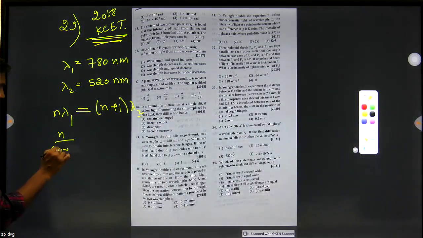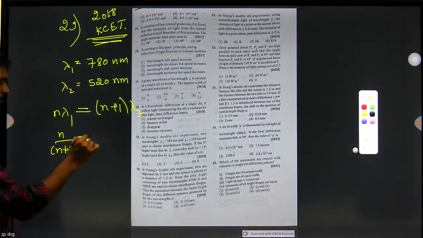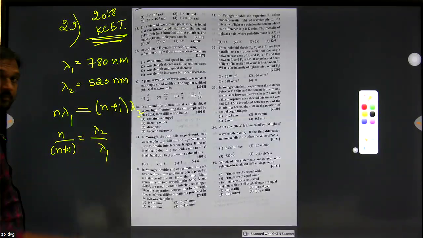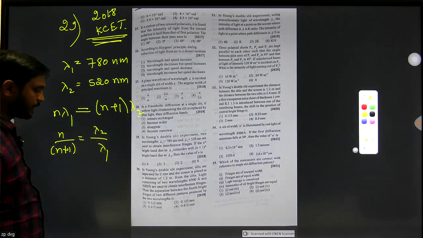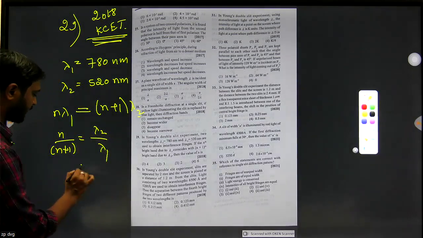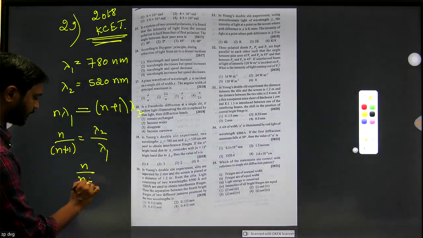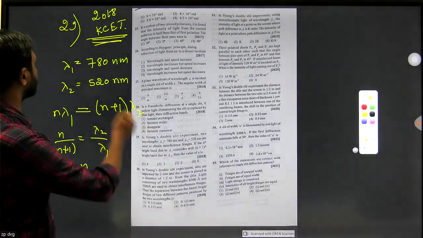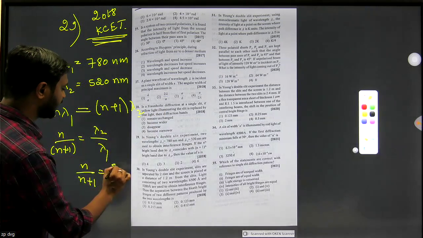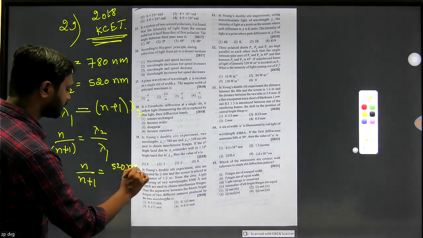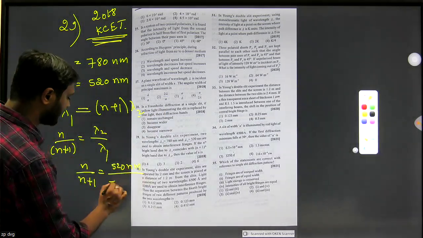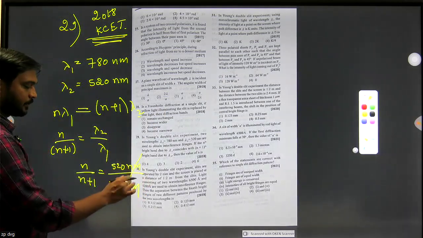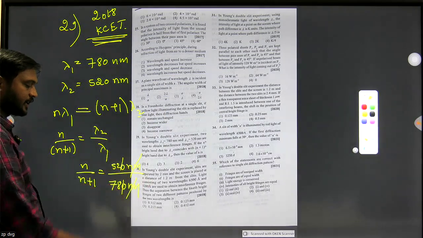n lambda 1 equals (n plus 1) lambda 2, so n by n plus 1 equals lambda 2 divided by lambda 1. That is n divided by n plus 1 equals 520 nanometer divided by 780 nanometer. The nanometers cancel, and the zeros cancel.